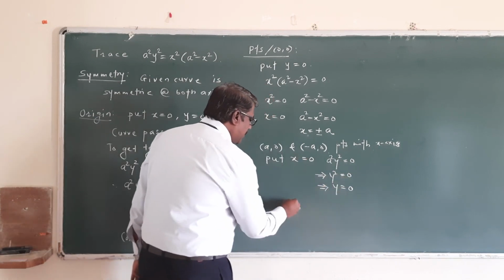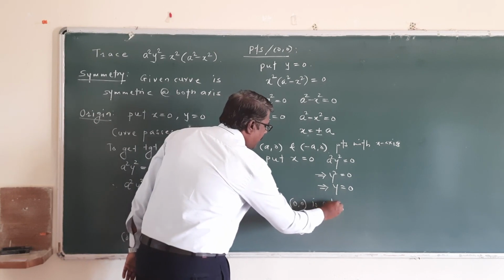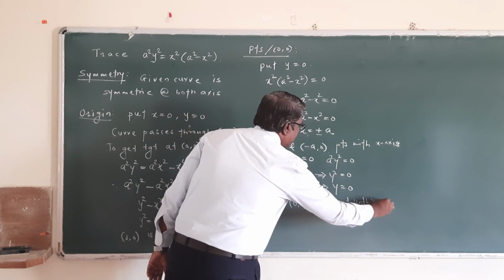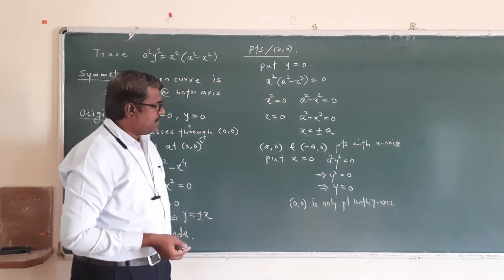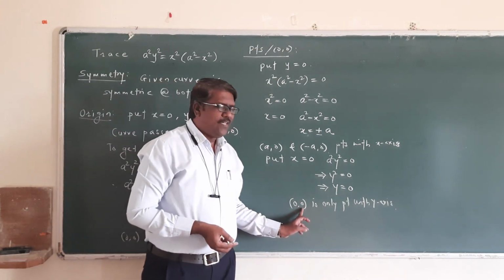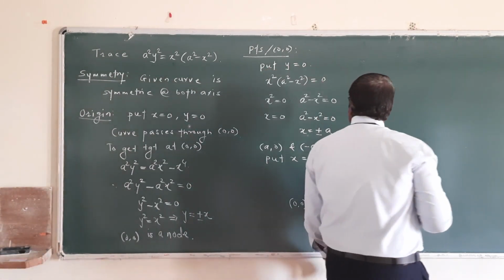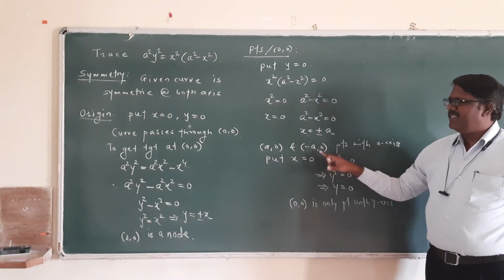It means origin is the only point with the y-axis. There is no point other than origin on the y-axis. Now, points other than origin are (a, 0) and (−a, 0).